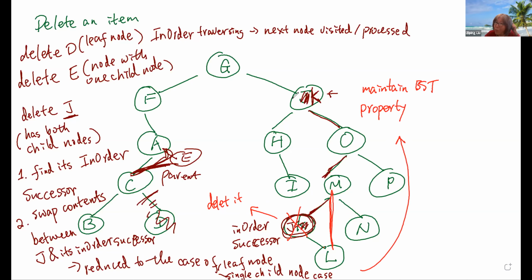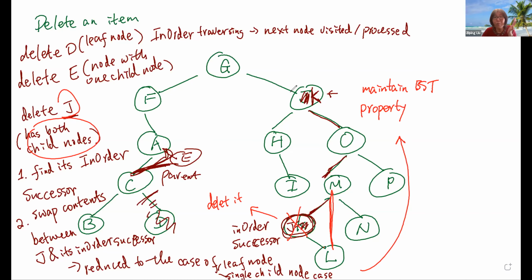If you just do some delete and don't rearrange, it will mess up the binary search tree's basic properties. Left subtree is less than, right subtree is greater than. Then in this case, you can see clearly that it won't destroy it. So that's the step how to delete a node with both child nodes.